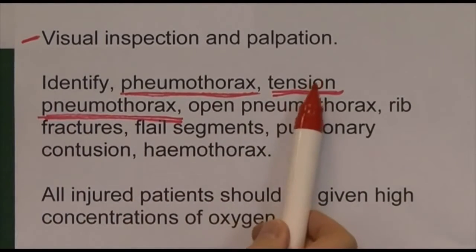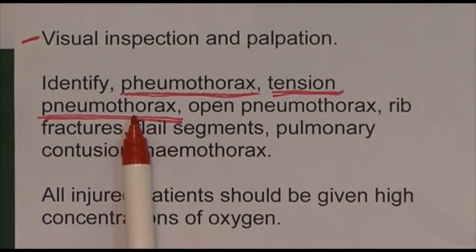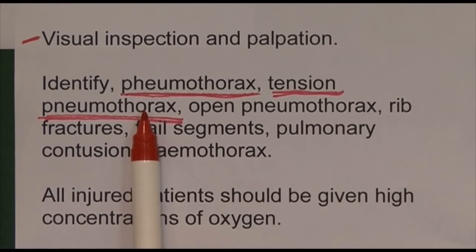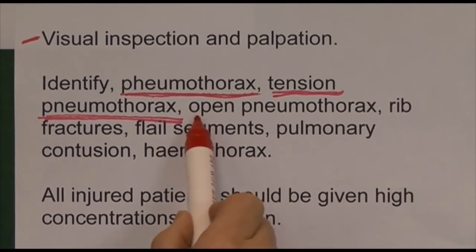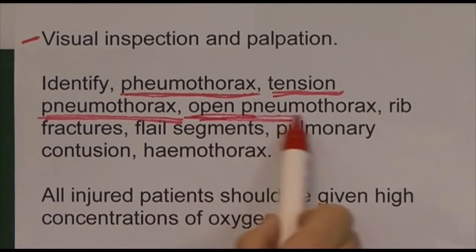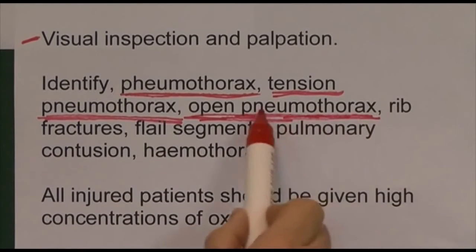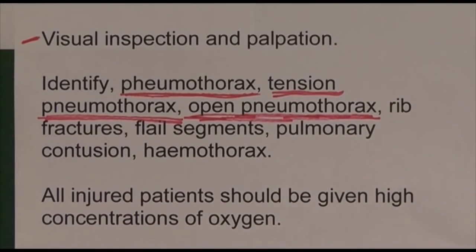And that means the pressure in the pleural space will build up, causing a tension pneumothorax. Particularly dangerous because this will compress the heart and the large vessels, moving it to one side. An open pneumothorax we can detect, and these are called sucking wounds, because you'll be able to hear the air sucking in and out of a hole in the side of the patient's chest.